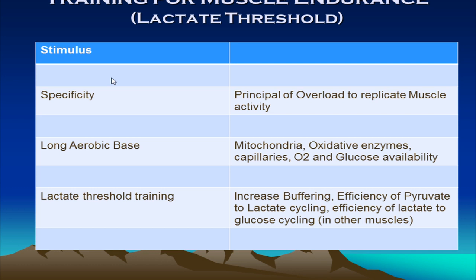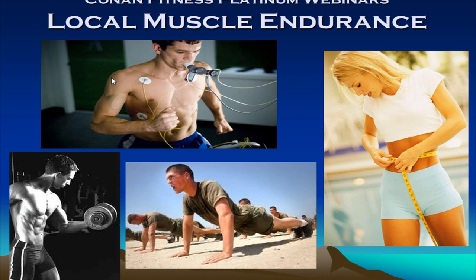And then intermittently doing the lactate threshold training, whether that's interval work or short, hard, fast bouts followed by recoveries. However you do that is fine, so long as you're regularly in that high lactic acid zone and getting the body under that stimulus to improve.